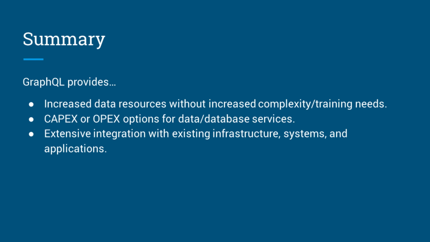And all the GraphQL options integrate very effectively with existing infrastructure, including very modern paradigms like infrastructure as code, and they integrate well with older legacy stuff, like COBOL, older IBM systems, older SAP systems, and things like that.